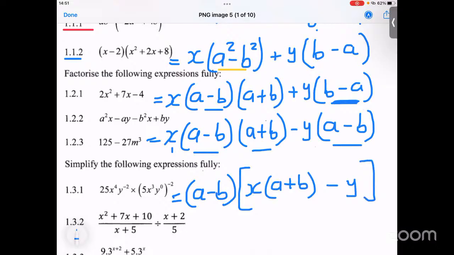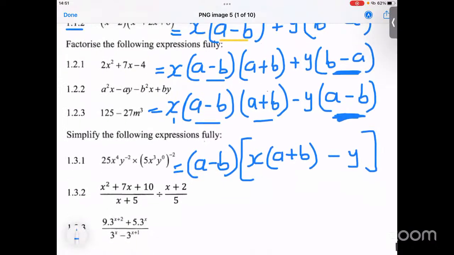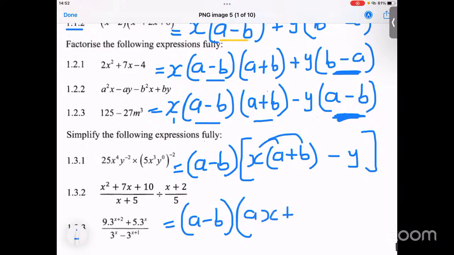Why minus y? It's because you took out this as a common factor. So it definitely needs one to pay maximum attention, because from here, what can be done is just to simplify it such that you say, okay, that by that, you end up having ax plus bx minus y. And that is the end of it, honorable member.